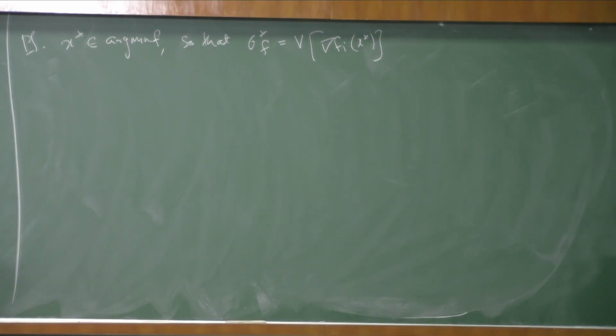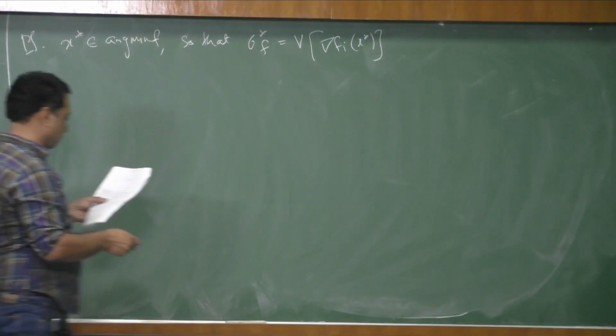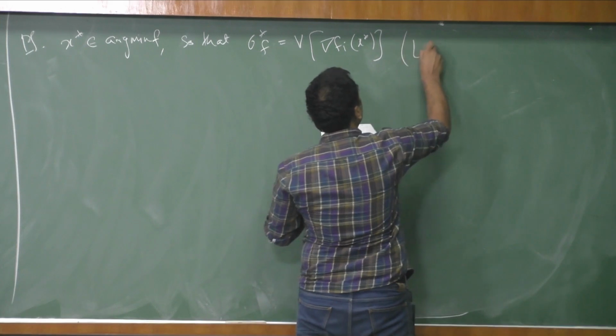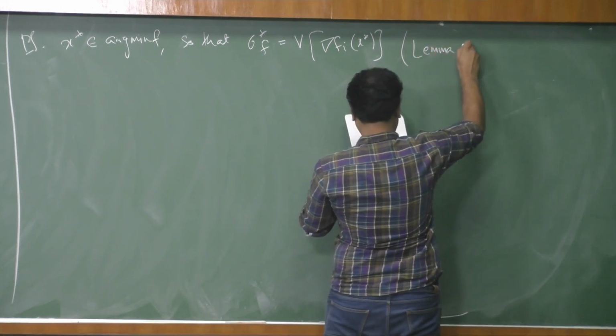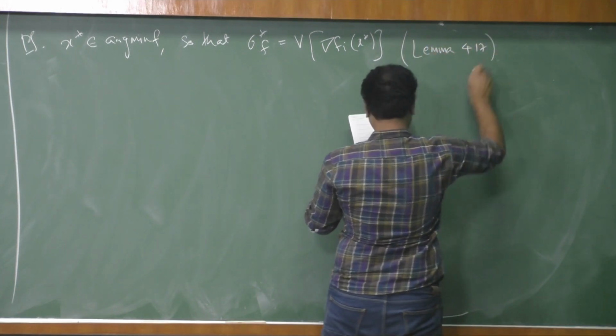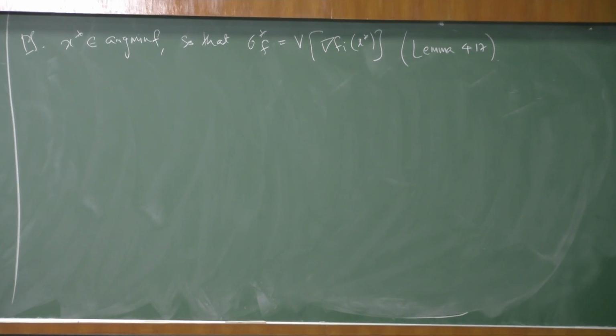So this we know. Okay, the sigma star F, this is from the lemma 4.17. So we will expand the squares.